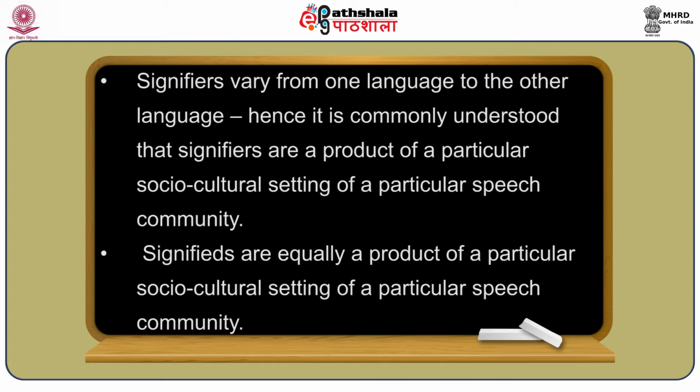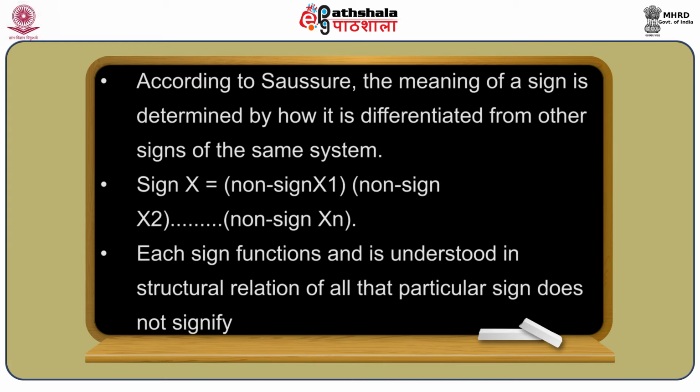Now, how is a sign understood? According to Saussure, the meaning of a sign is determined by how it is differentiated from other signs of the same system. That means if you have to understand one sign, let's say sign X, then it will be understood as non-sign x1, non-sign x2.